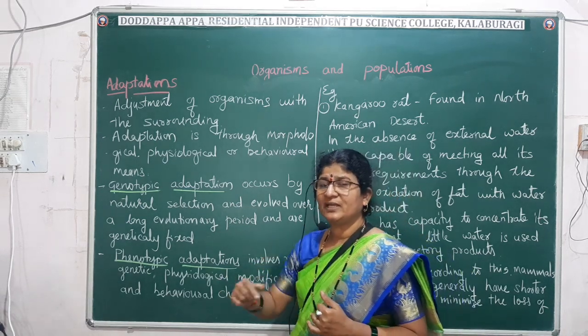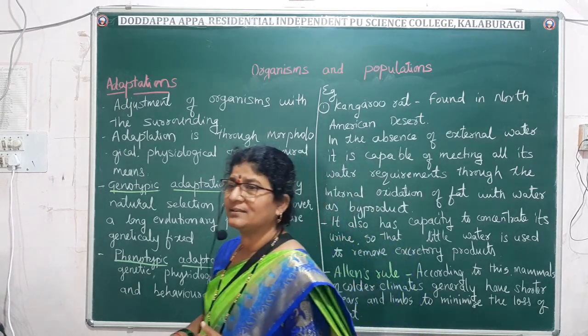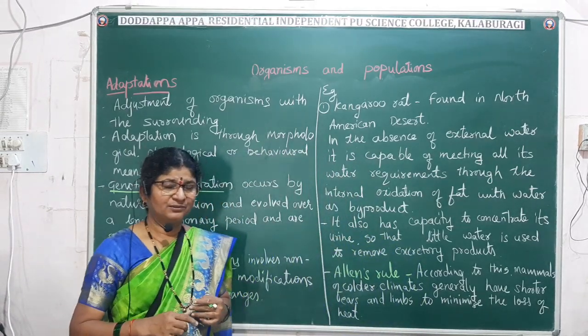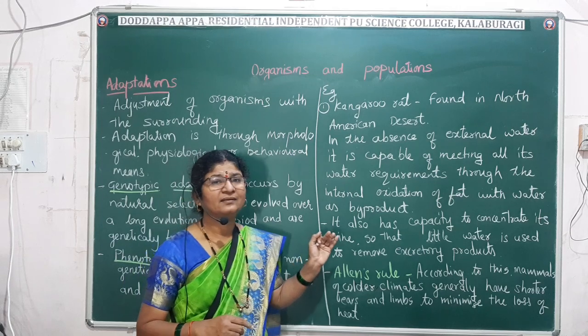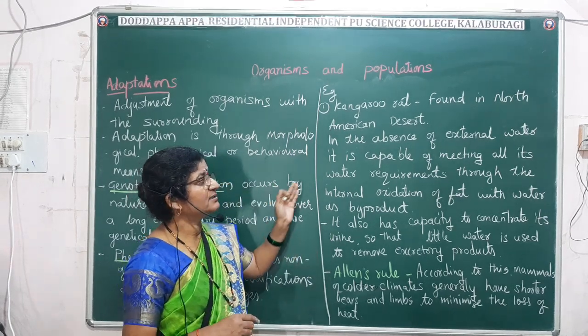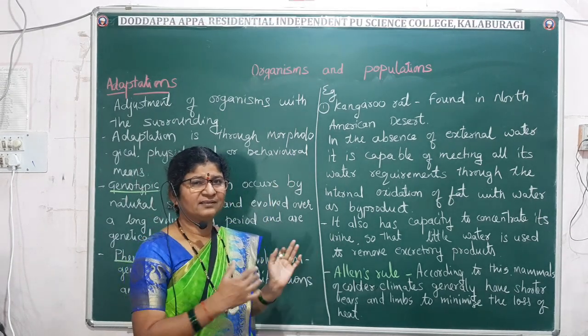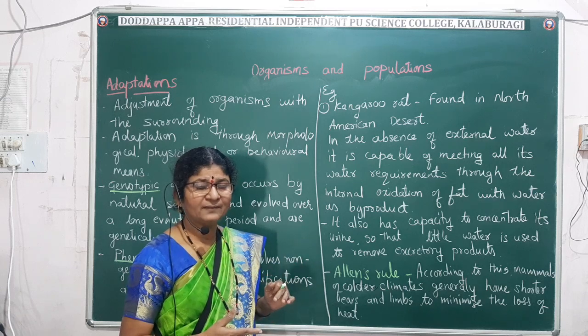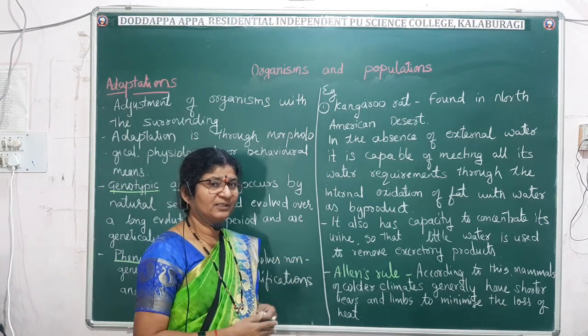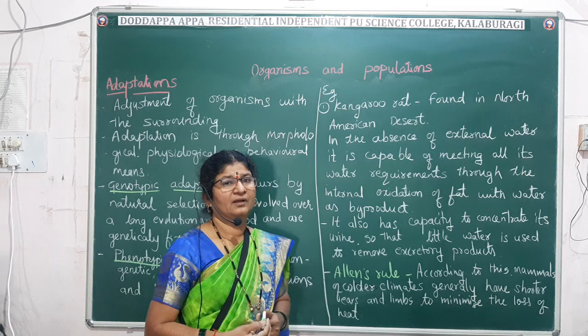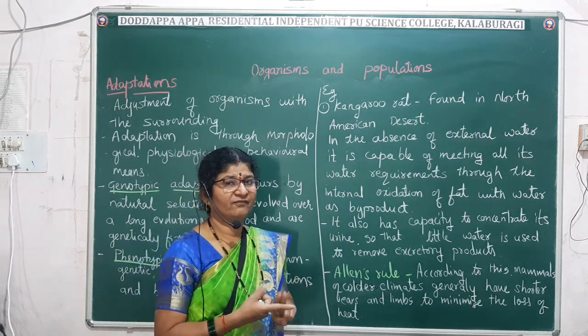We have just discussed one example, the kangaroo rat. We find this rat in the North American desert. It got adapted to the desert mode of life by two main features.